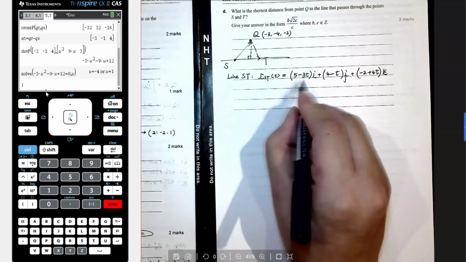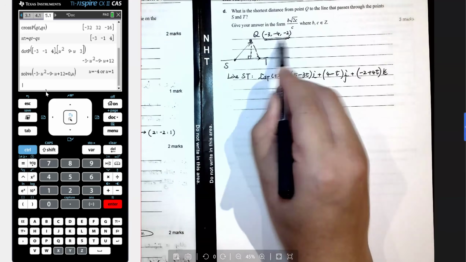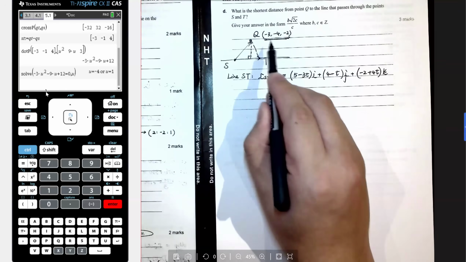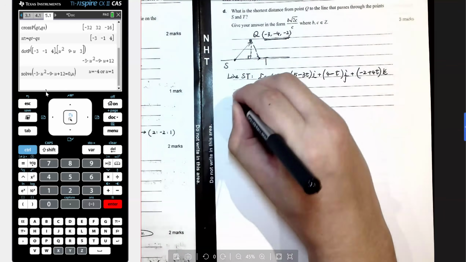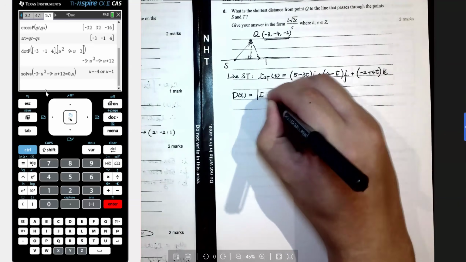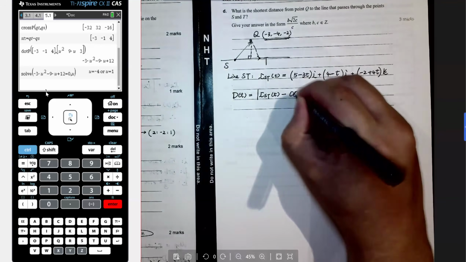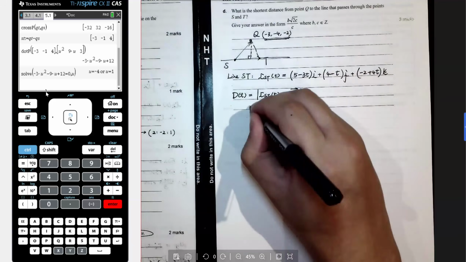Remember, this position vector is relative to the origin, and these three coordinate values are all relative to the origin. That's why we can create a distance function: the magnitude of RST small t take away vector OQ.